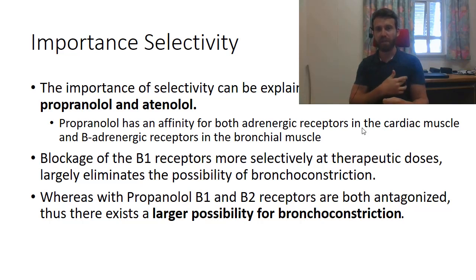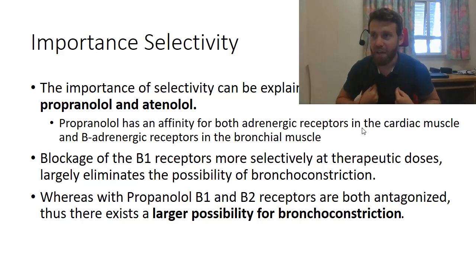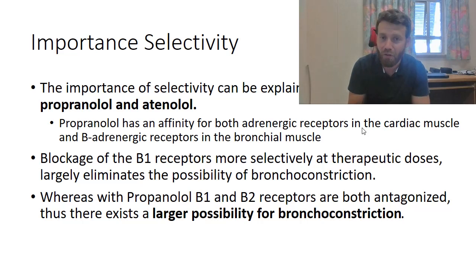But we don't have beta-2 receptors on the heart. We've got beta-2 receptors in our lungs. So atenolol is selective for beta-1 only. Propranolol is selective for beta-1 and beta-2. So if a person has, for example, high blood pressure and asthma, and they take atenolol, they should probably be fine.